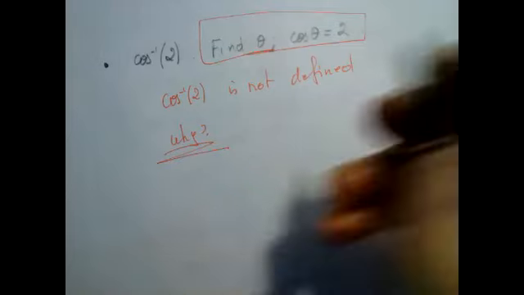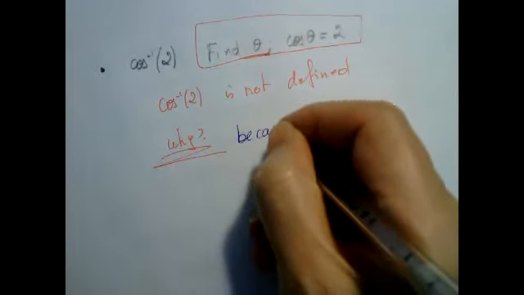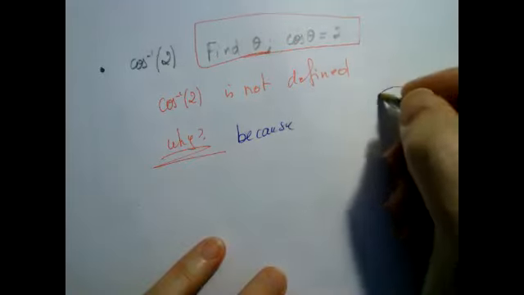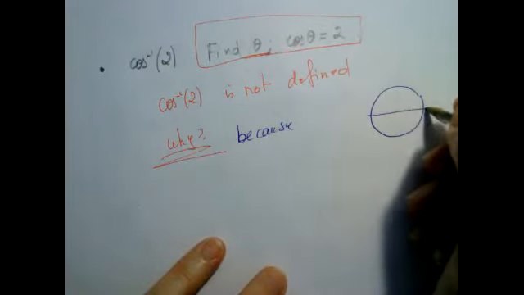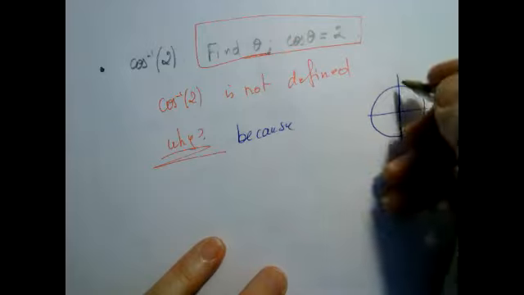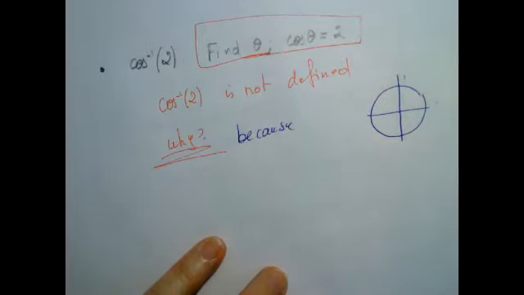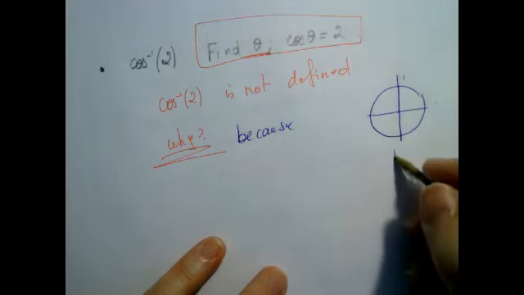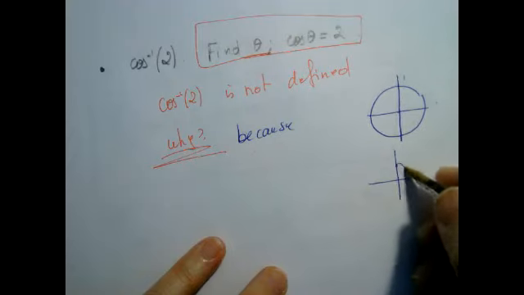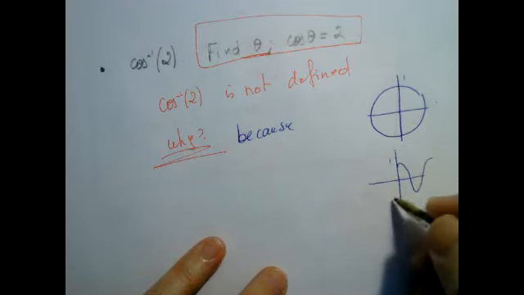Is that clear? So why? Because remember the cosine, we started with the unit circle. The cosine was the x coordinate. So on the unit circle, the largest value the cosine can take is 1. The smallest is -1. Or if you remember the graph of the cosine, 1, -1.